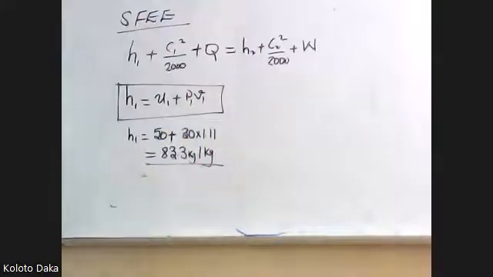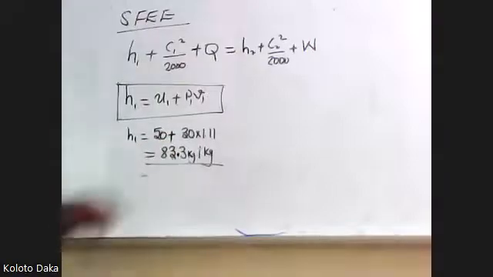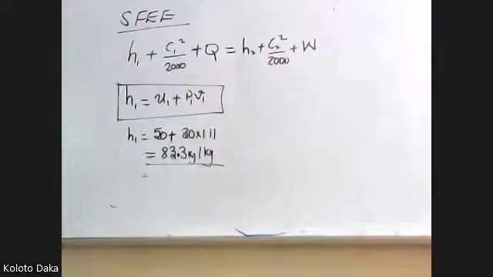Sir, since we have enthalpies in kilojoules, are we not supposed to divide by 1,000? But the 30 is also in kilopascals. Yes. So everything is in kilo at the end of it.